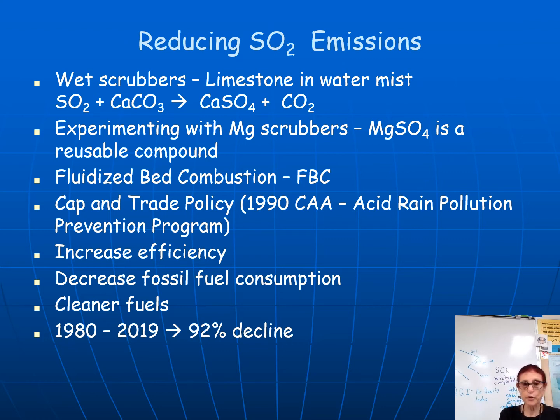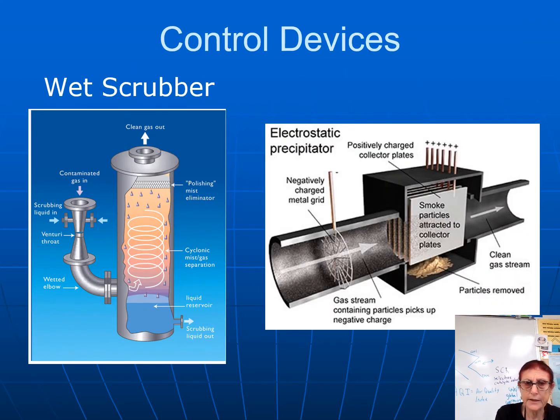You can clean coal before you burn it, but that is not a very cost-effective way to go about that. It's kind of an ineffective way to go about that. And again, things like wet scrubbers are used specifically to reduce those sulfur oxides. And acid deposition continues to be a problem for that.